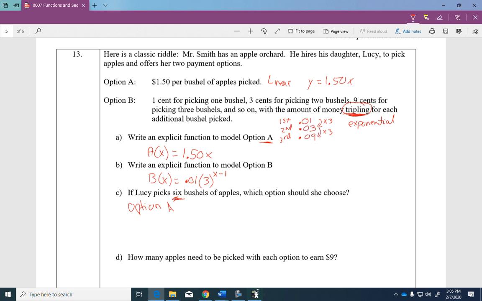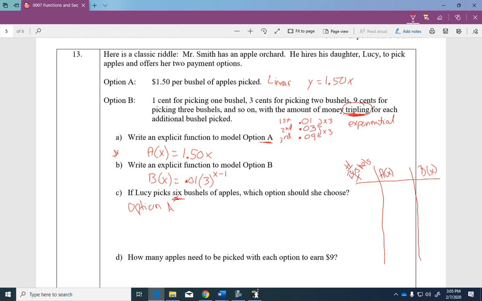So what we can do is make some kind of table that indicates everything. I'm going to write number of bushels here. I'll call this A of x, and that's clear since that's what I called it in part A. And I'll call this one B of x.